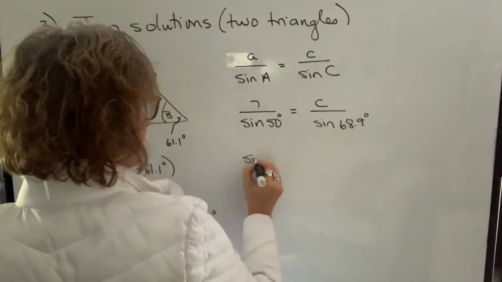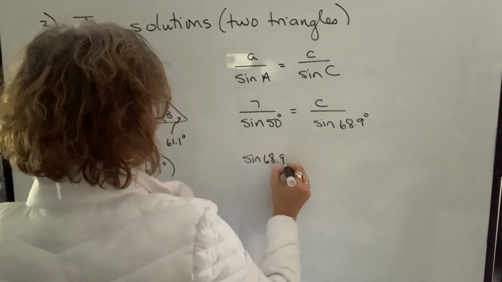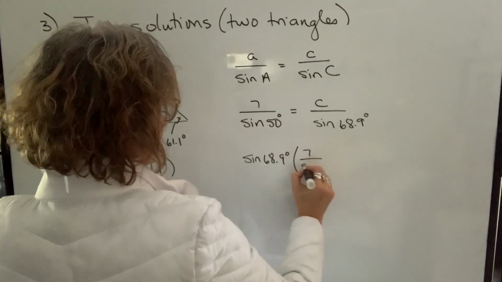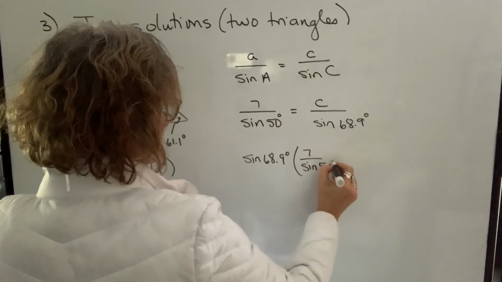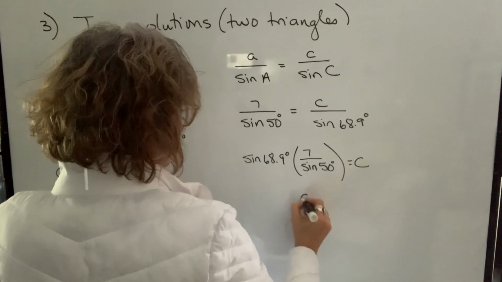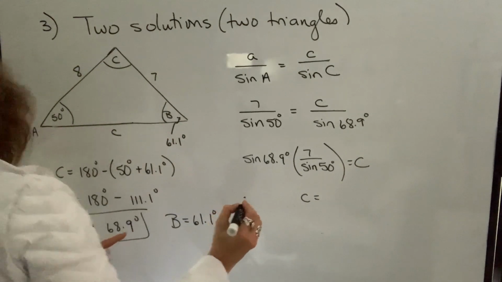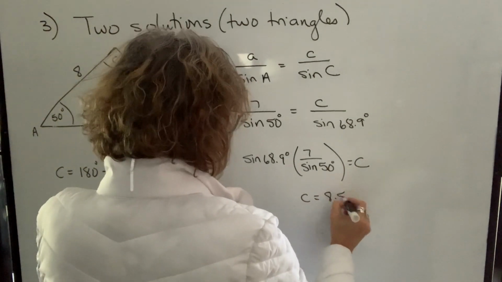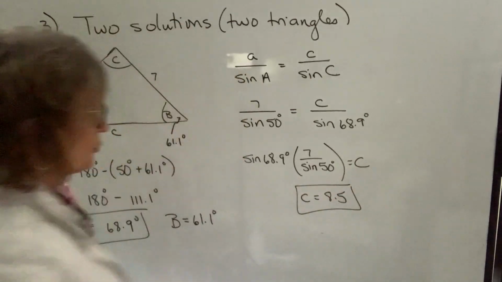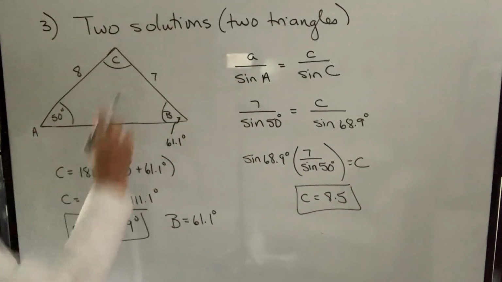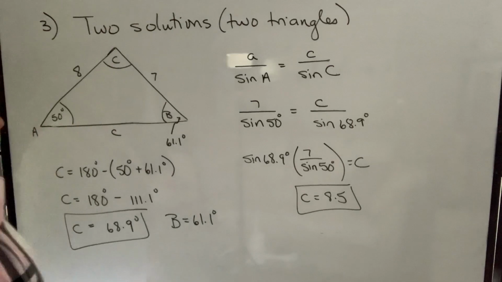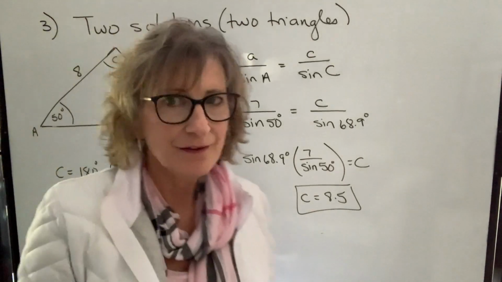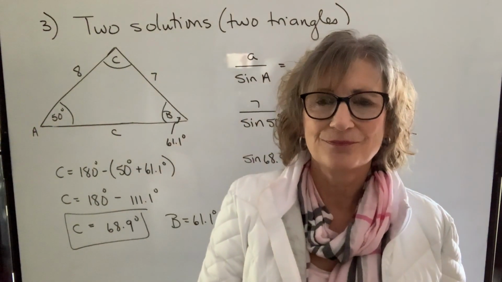Multiply both sides by the sine of 68.9 degrees. And we get a length of 8.5. So we've solved one of the two triangles. And like I said, most people will stop there without realizing that there actually is another triangle.